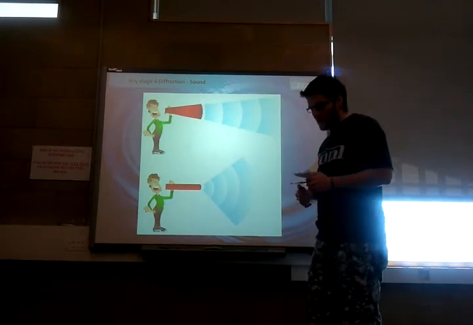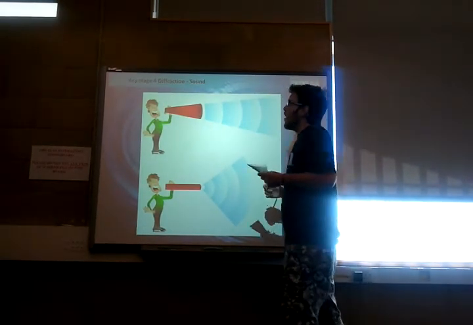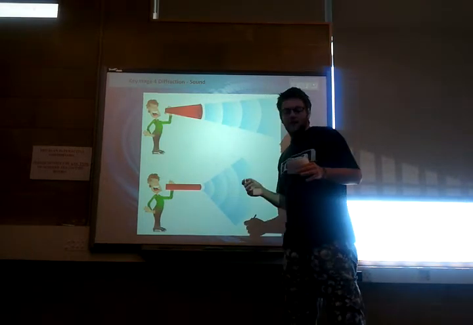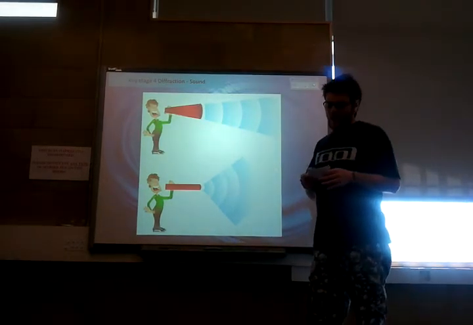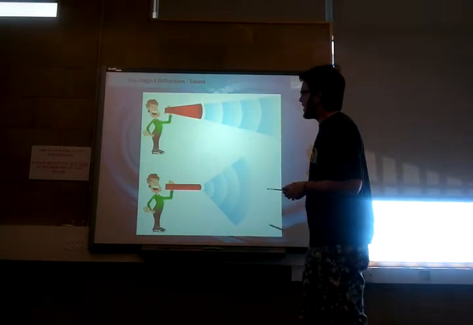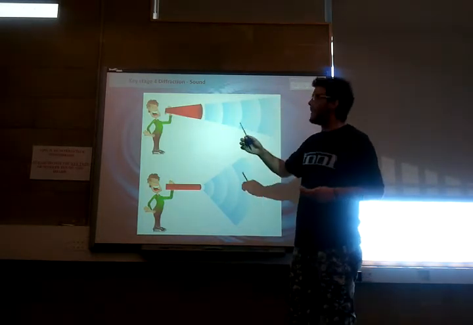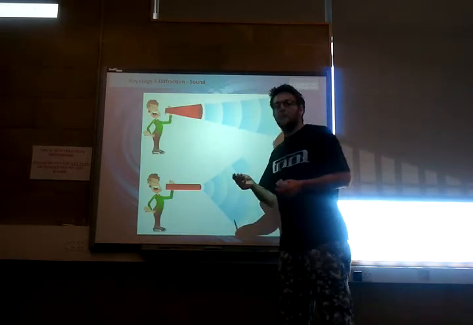So finally, we're going to look at the diffraction of a sound wave. Now, sound waves have a much larger wavelength than light waves do. Again, the size of the gap it's going through will determine the amount of diffraction that's happening.